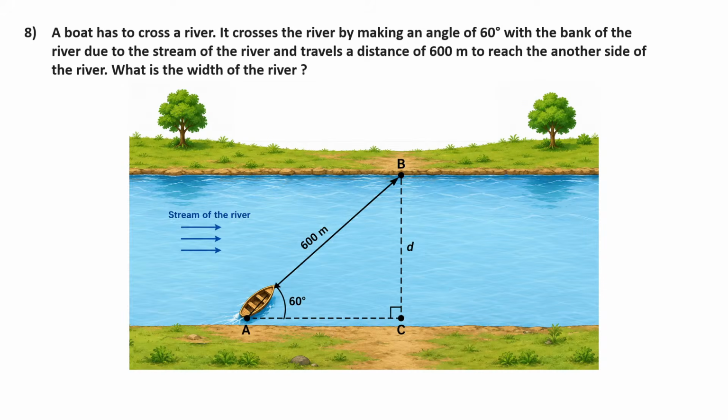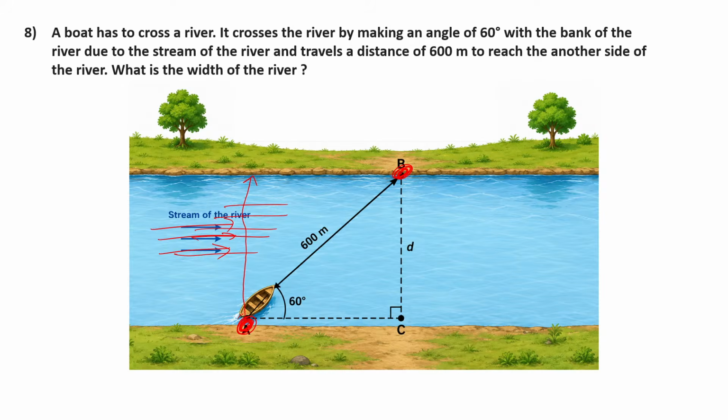Now the stream direction of the river is shown on the screen. Point A is the starting point and point B is the destination. Due to the stream of the river, the boat cannot travel perpendicular to the current. So the stream pushes the boat in this direction.